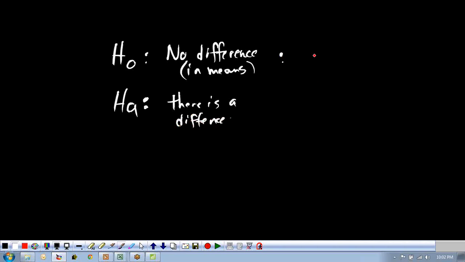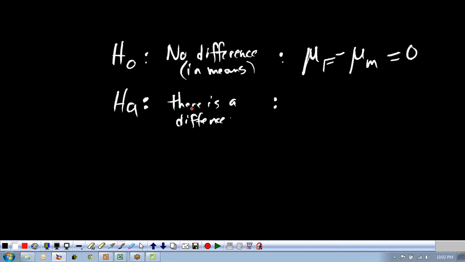Mathematically, the way of writing that is to say our mean for women, mu F, minus mu M is equal to 0. If there's no difference, if I subtract the two, I should get 0.